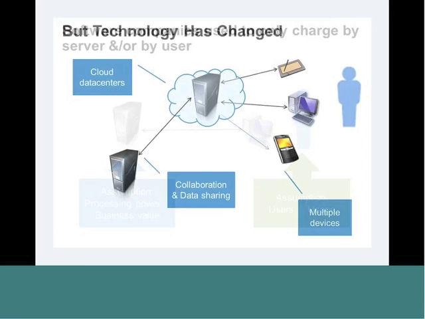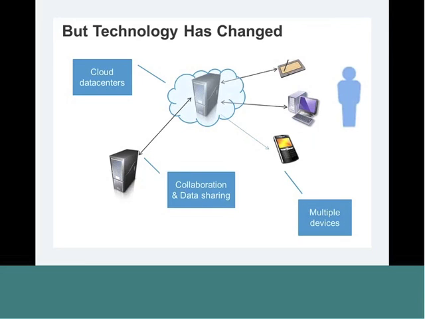Instead, this is the world that we all live in. We've got these cloud data centers. We're accessing software. We don't know or care how many processors are being used to drive our software. We're sharing data increasingly with other systems. All the systems are interconnected.